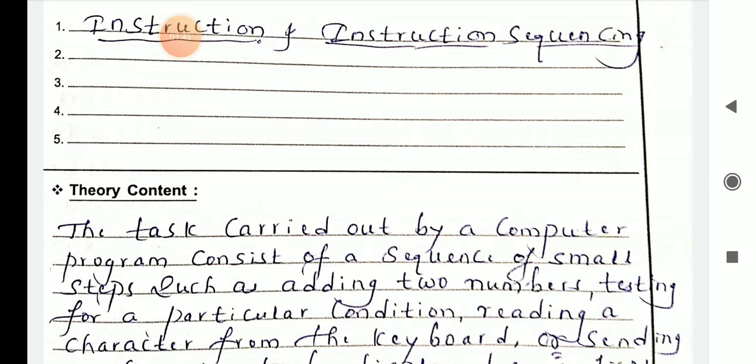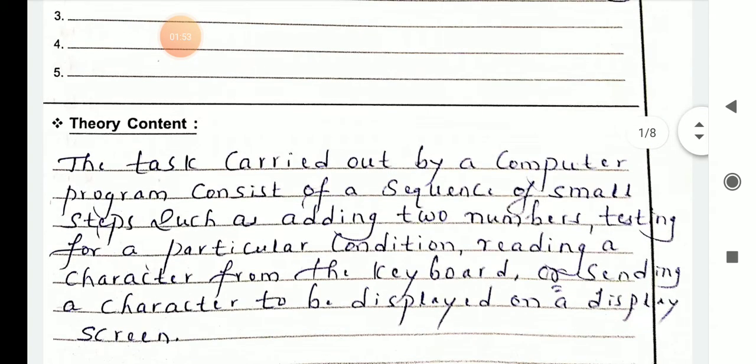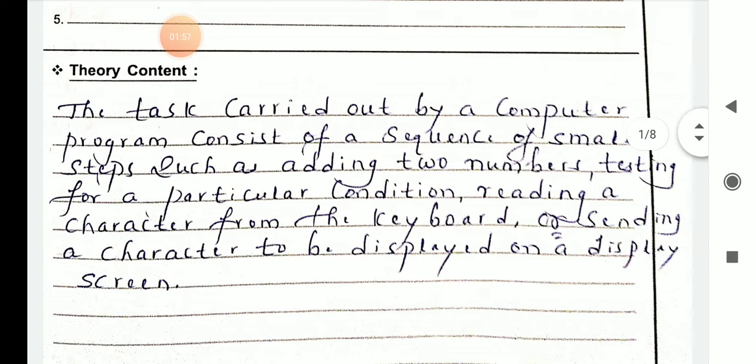You have to follow these steps, then combine all the bits and represent the binary number. I think in the last video we solved two problems. I hope you are understanding them. You can take any decimal number and solve it in single precision and double precision format.